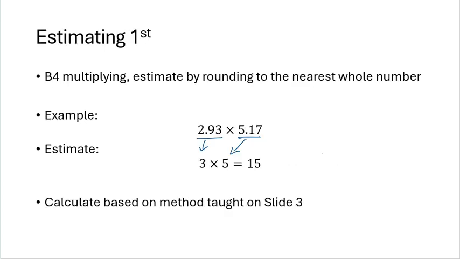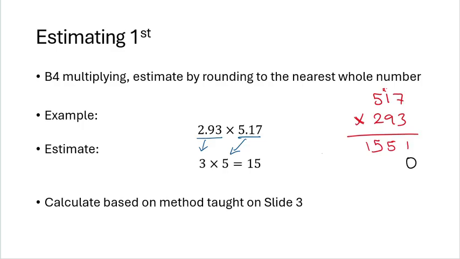Now, just to show you exactly, we'll follow the same steps. 517 times 293. This will take a while, but do bear with me. 7 times 3 is 21. 1 times 3 is 3, plus 2 is 5. 5 times 3 is 15.